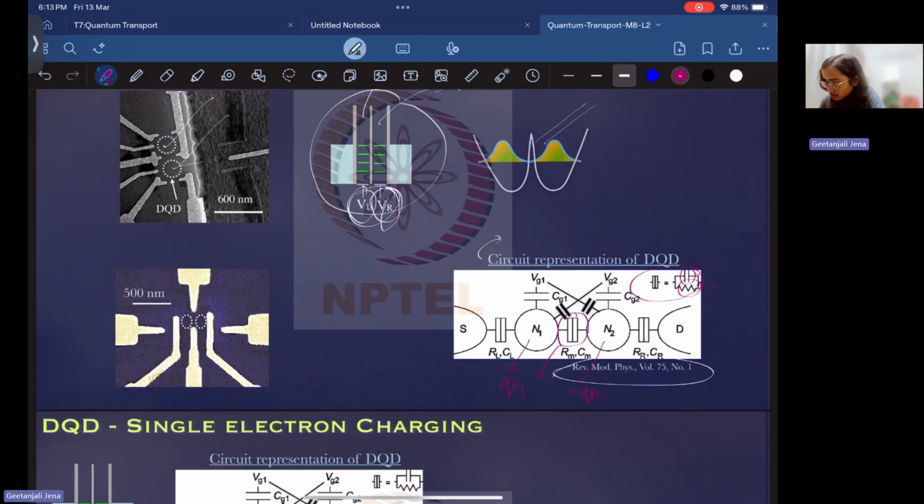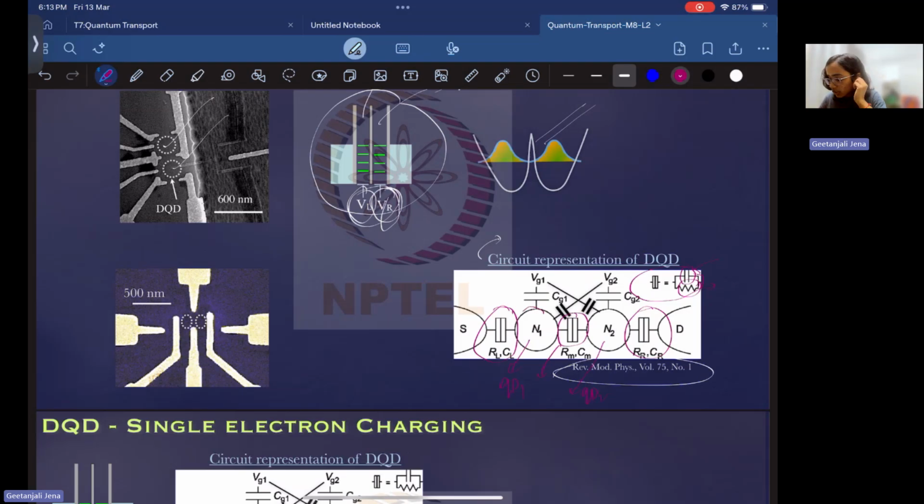Quantum dot one is also tunnel coupled through a tunnel barrier to the source junction, and quantum dot two is tunnel coupled to the drain side through a tunnel barrier with resistance RR and capacitance CR.